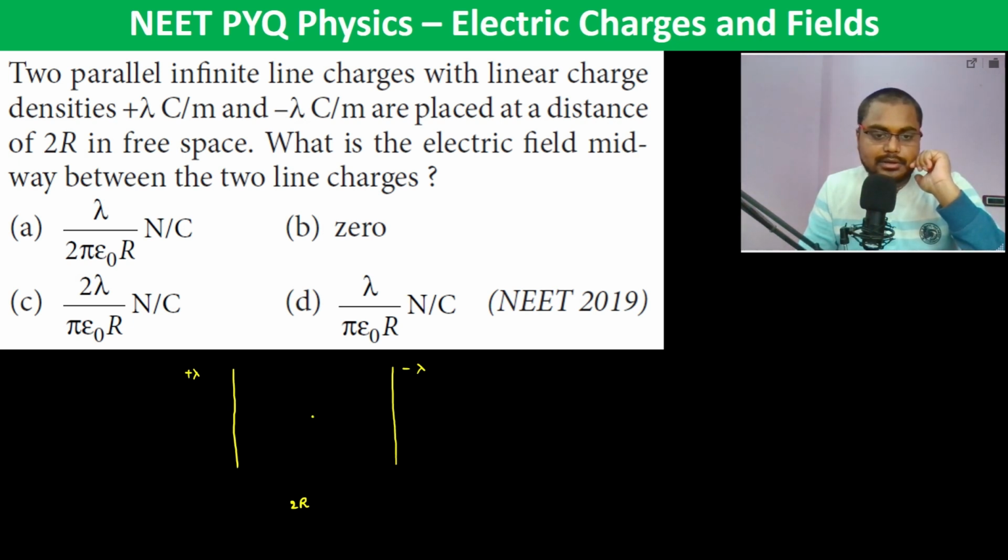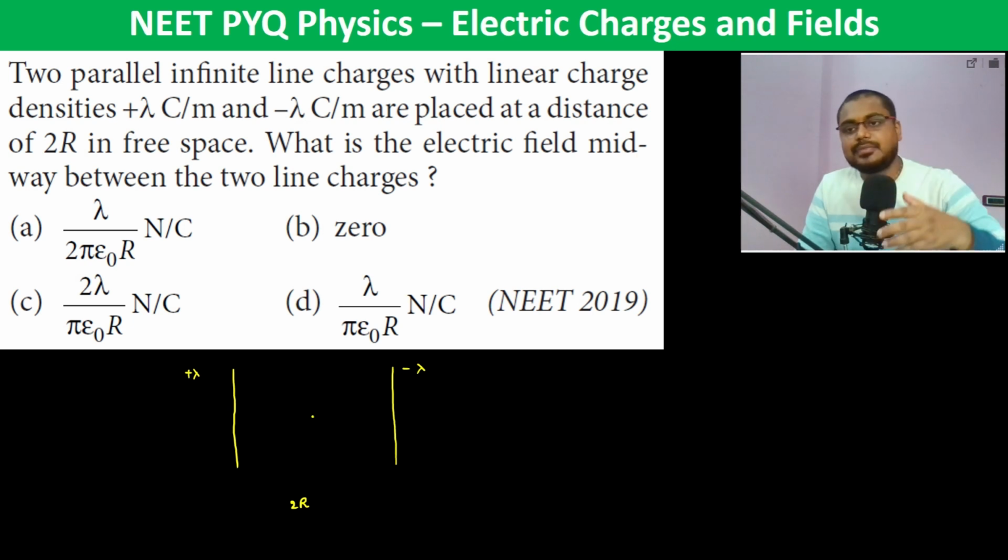यहाँ पर electric field क्या है? Better is that we learn this formula. ठीक है, एक चीज़ देखिए ध्यान से, ये पॉजिटिव चार्ज है ना, तो इसके कारण इस डायरेक्शन में होगा, ये नेगेटिव चार्ज है तो इसके कारण भी इस डायरेक्शन में ही होगा, तो ज़ीरो नहीं होने वाला.